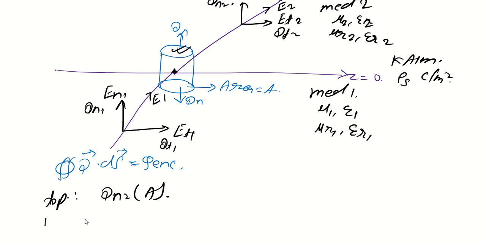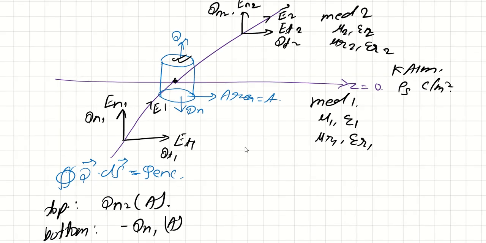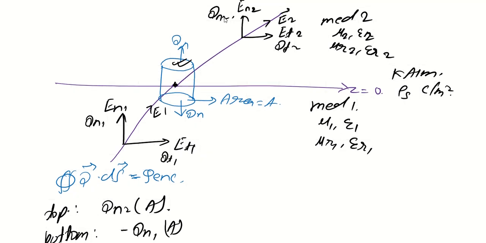Similarly for the bottom one, what will happen? Minus Dn1 into A, because you can see that this was Dn2 which is upward, this is Dn1 which is upward, but we are going to see the downward bottom side, so it will be minus Dn1. So that's how it has become minus Dn1. Now the total flux will be what? The sum of these two.